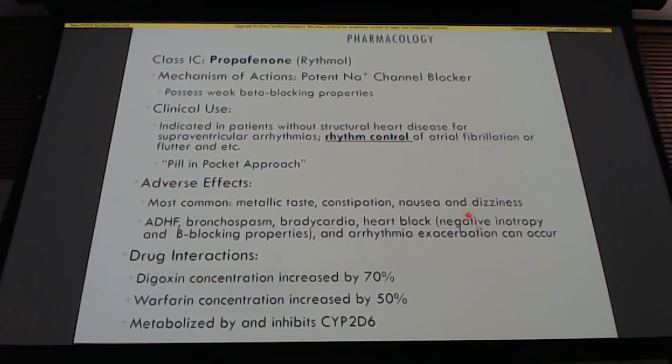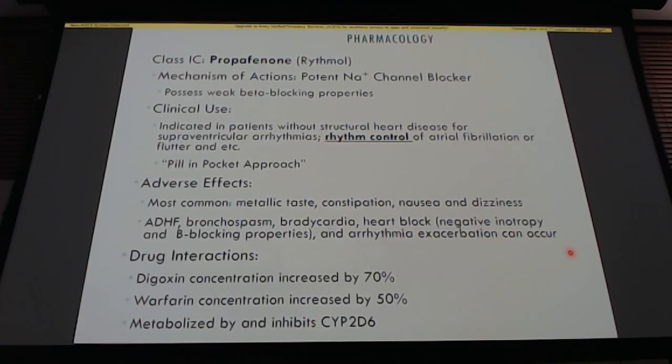Okay. Your other adverse effects look very similar to what we already saw previously, and the pro-arrhythmic effects are going to keep coming up whenever we're looking at our 1Cs. Interactions, I see now my digoxin concentration is greatly increased.